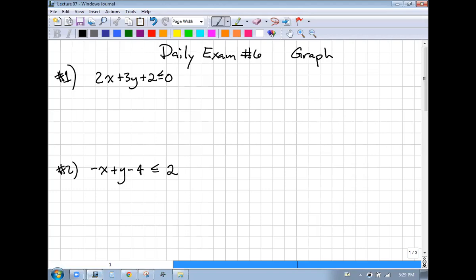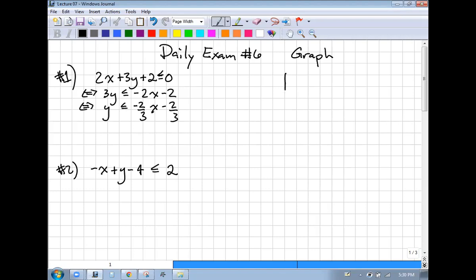So graphing inequalities. First thing we're going to do is put it into y equals mx plus b form. So we have 3y less than or equal to. We subtract the 2x and subtract the 2. Divide everything by 3. So negative 2/3 x minus 2/3.